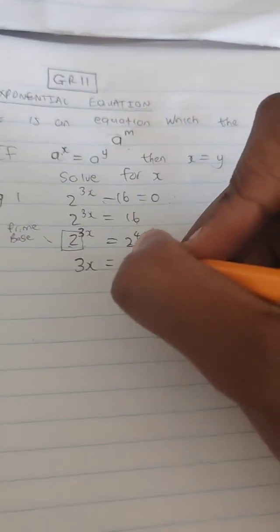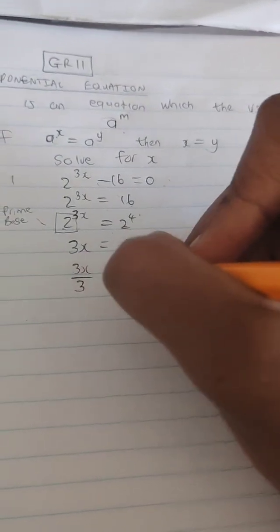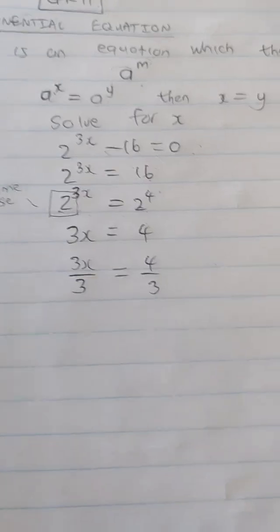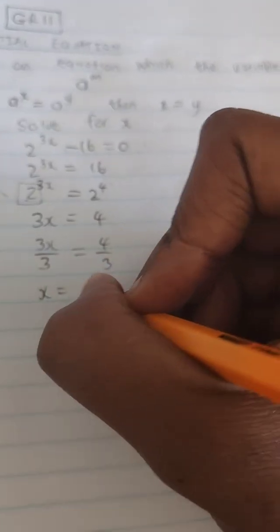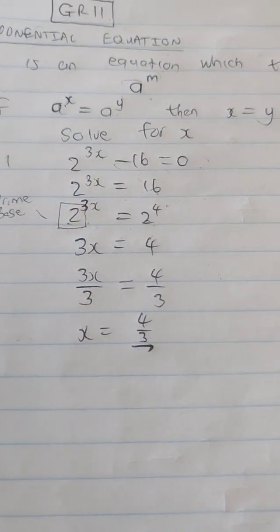So therefore 3x is equal to 4. And then we proceed to solve, which means we divide both sides by our beloved 3, and then x is equal to 4 over 3.